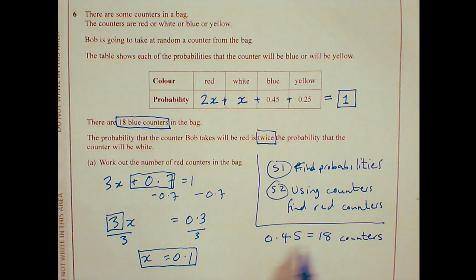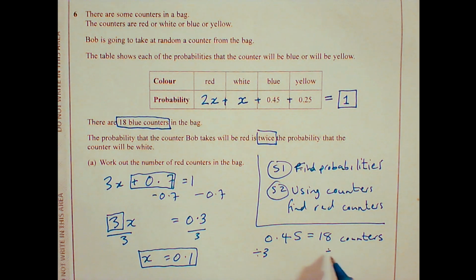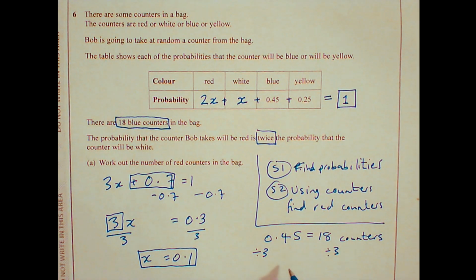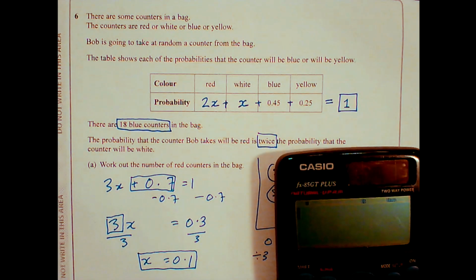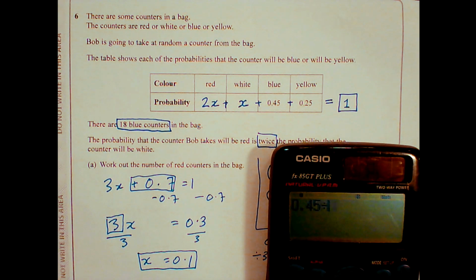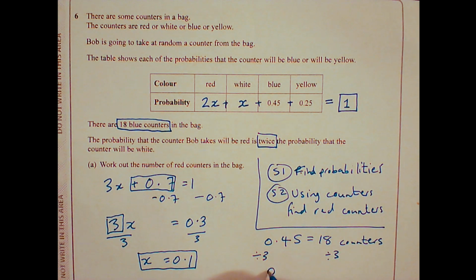I need to go to a common number between these, so I can divide by 3. It's a calculator paper, so I can use my calculator. 0.45 divided by 3 gives me 0.15. 18 divided by 3 gives me 6.